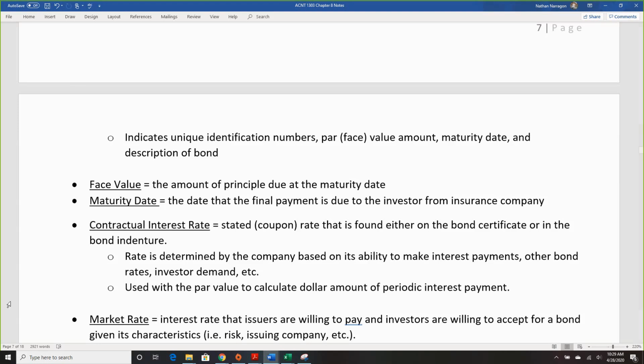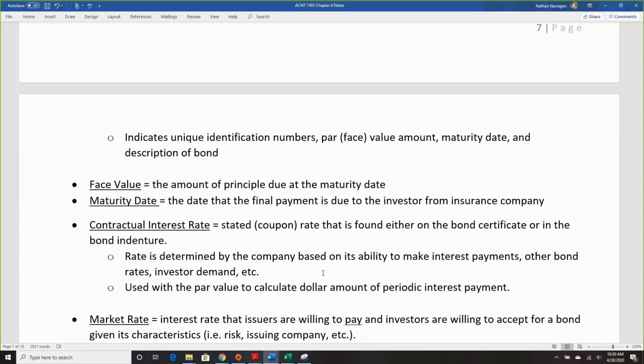And it's also going to have what is called a contractual interest rate, or stated rate, or coupon rate. Yeah, a few terms for it. And this rate alone will basically be determined by the company based on its ability to make interest payments.